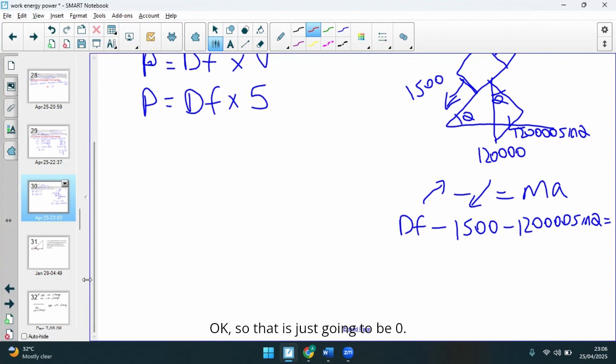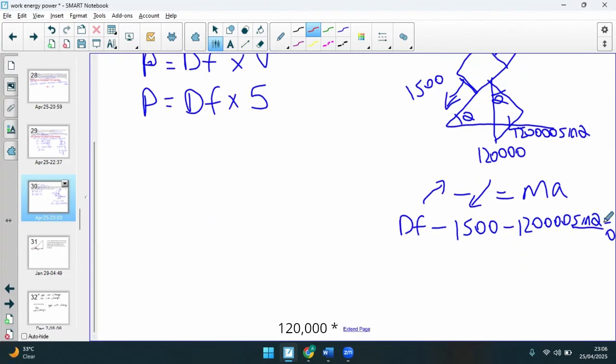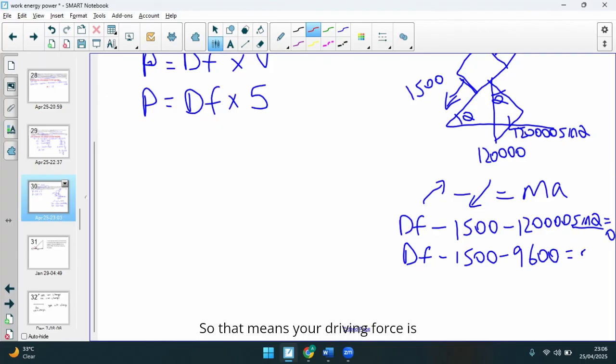Now, let's calculate this. So we know that sine theta is 0.08. So we can substitute that into here. You do 120,000 times 0.08, which is 9,600. So that means your driving force is 11,100.